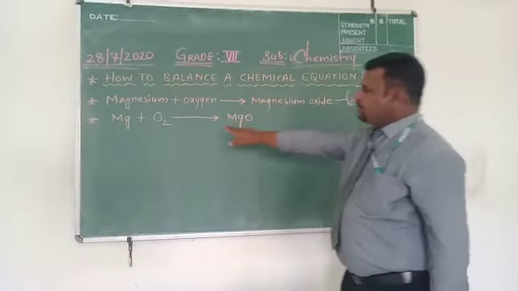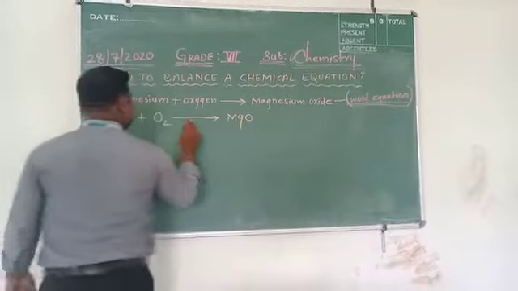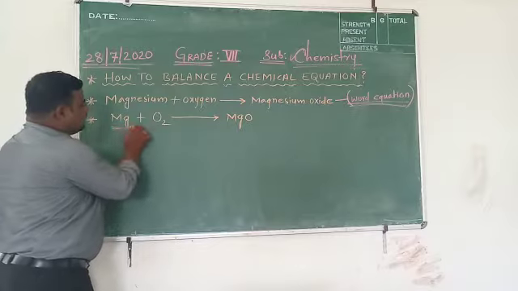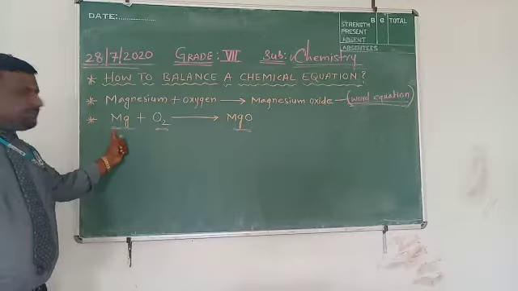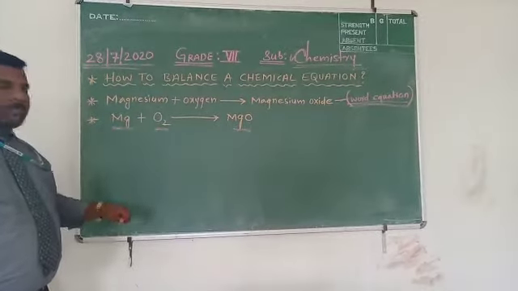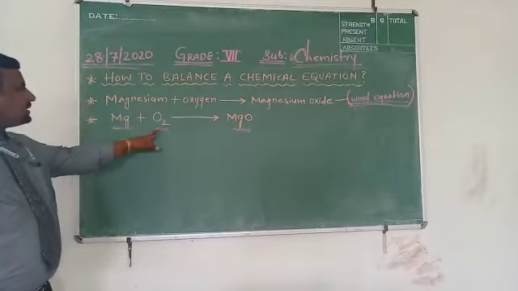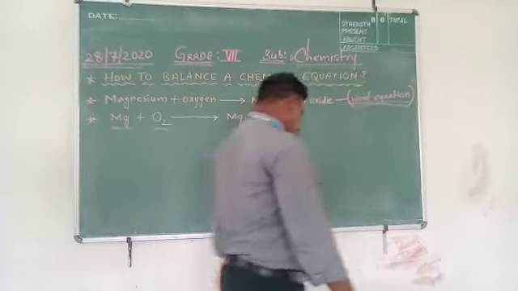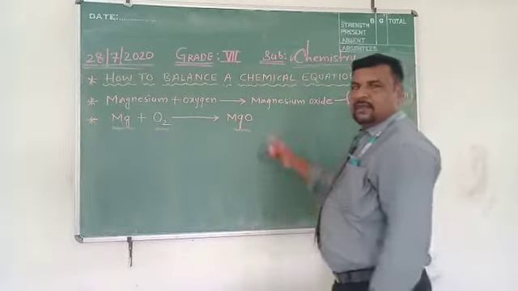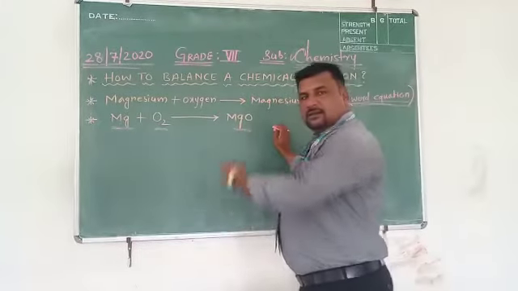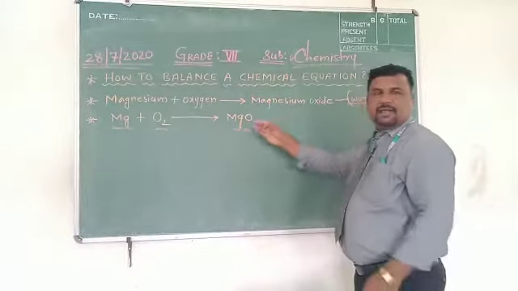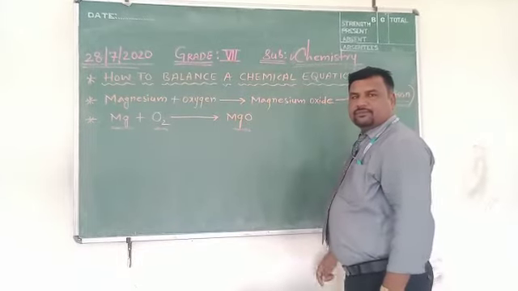Down below there is one more equation, the same equation written using symbols and formulas. Here the symbol of magnesium, the symbol of oxygen. When magnesium reacts with oxygen, it gives magnesium oxide. So we call this a chemical equation written using symbols and formulas.